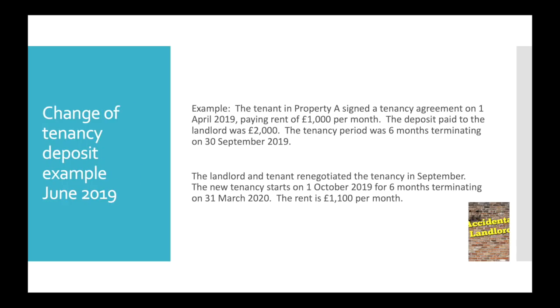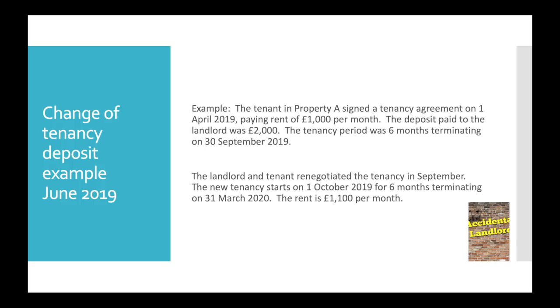So here we have a tenant in property A who signed a tenancy agreement on the 1st of April, paying rent of £1,000 per month. The deposit paid to the landlord was £2,000, and the tenancy period was 6 months, terminated on 30th of September. So under the transitional rules, the existing tenancy would not fall into the Tenancy Act provisions, and therefore the landlord can continue to hold the £2,000 deposit.